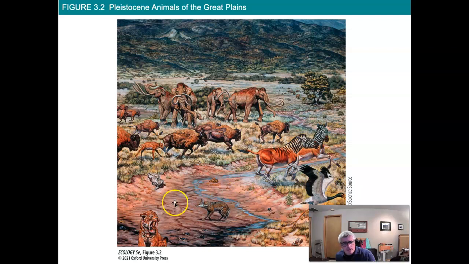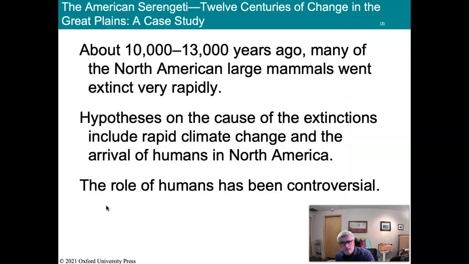And this has been the source of a fair amount of debate, that about 10 to 13,000 years ago, many of the North American large mammals went extinct very rapidly. Hypotheses on the cause of the extinctions involve rapid climate change and the arrival of humans.